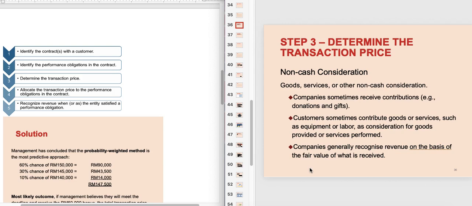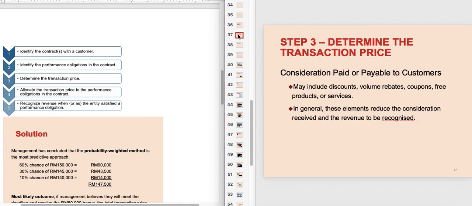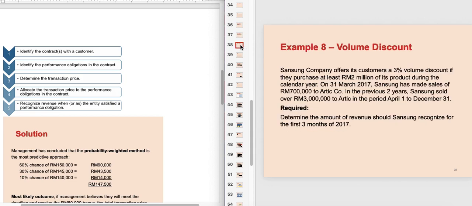If you are unable to identify the fair value of the consideration in terms of product, then you should identify the standalone price of the product as the consideration. This is just repetitive.